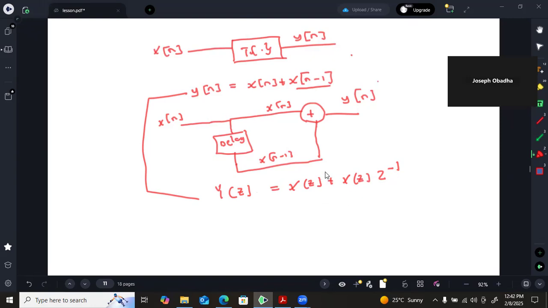So in the z domain, a delay is represented by z raised to minus 1.